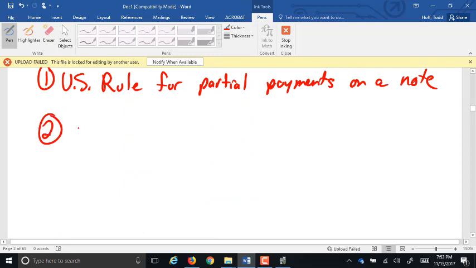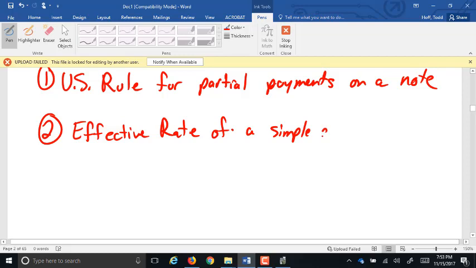Two, the effective rate of a simple discount note.